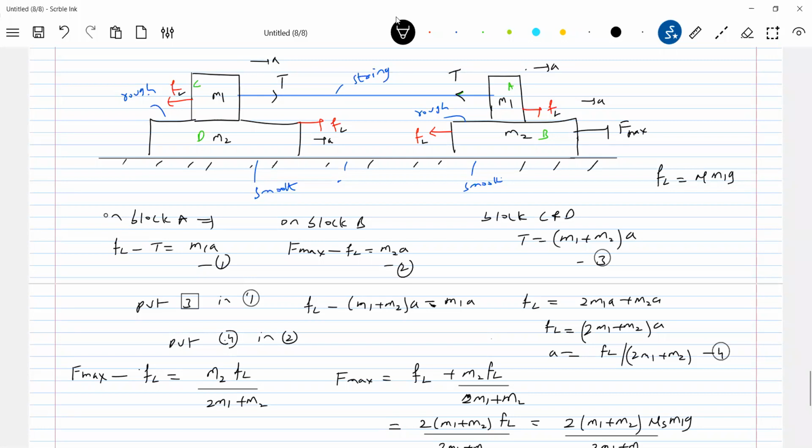Why can't we equate block B and block D, because they are moving with the same acceleration? See, I think it's common sense. This is like a system, no? You can work on it. These two, B and D, are not connected, no? How can you say that?